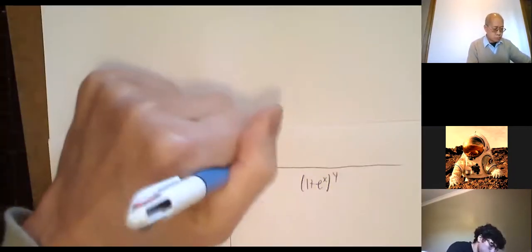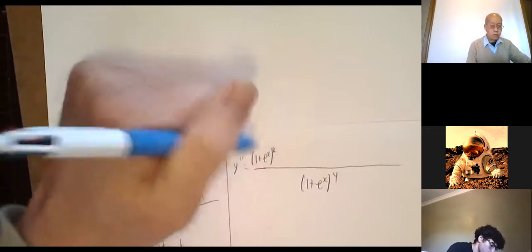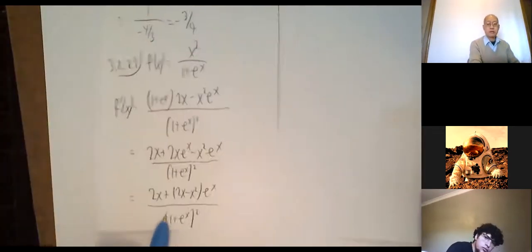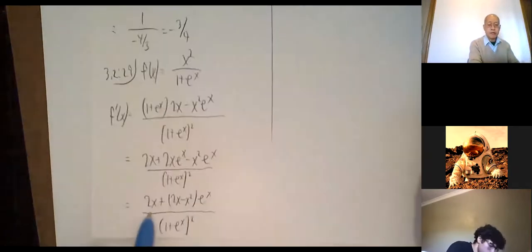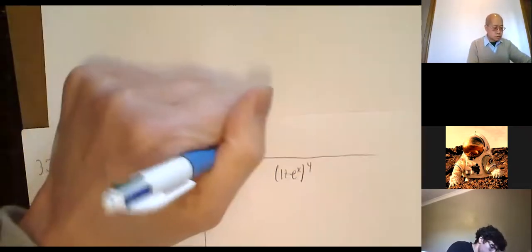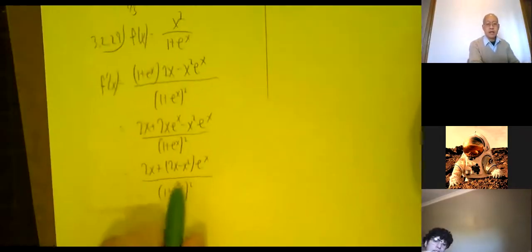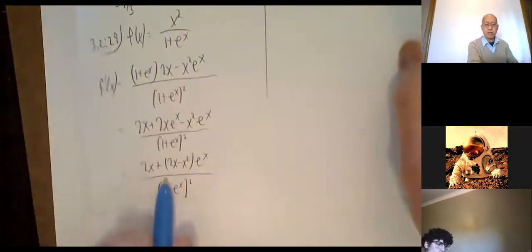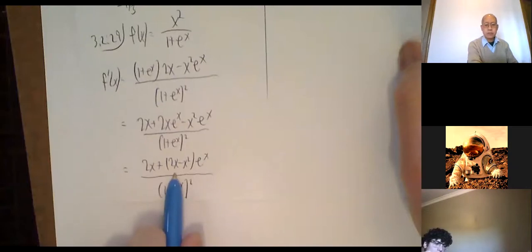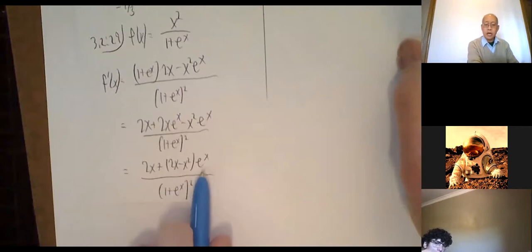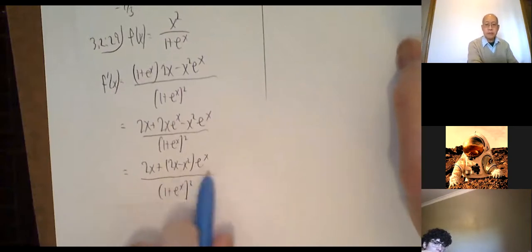So I copy the bottom, times the derivative of the numerator. Okay, derivative of 2x is 2. Plus, and right here, I got a product rule. So there's a product rule inside a quotient rule. So first times derivative of the second. Derivative of the second is just e to the x. So that part I'm just going to copy.